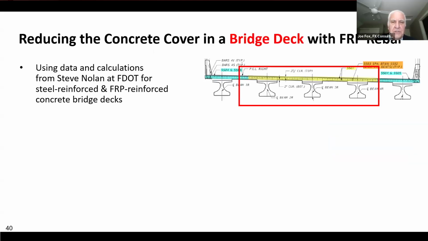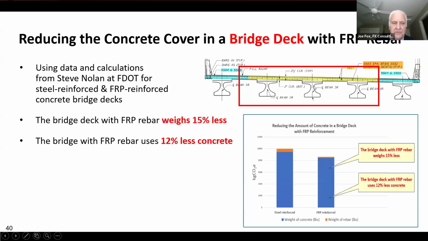What does this translate into? I'm going to give you two examples. First, reducing the concrete cover in a bridge deck that is prepared with FRP rebar. And this is an example where I've used data and calculations from Steve Nolan at FDOT for both steel reinforced and FRP reinforced concrete bridge decks. And this is what he has done an analysis on. And this graph summarizes the results of his work, where you're comparing reducing the amount of concrete in a steel reinforced bridge and an FRP reinforced bridge.